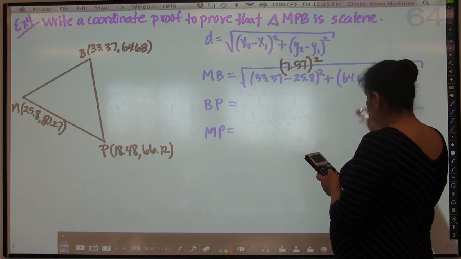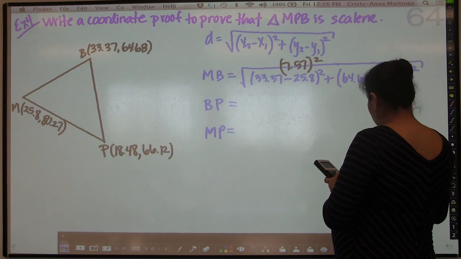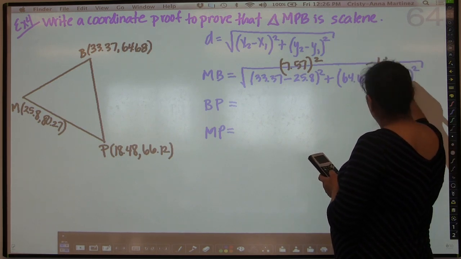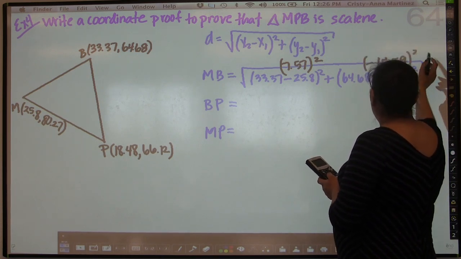Then 64.68 minus 80.27 gives negative 15.59, but I'm going to square that as well and add them together.